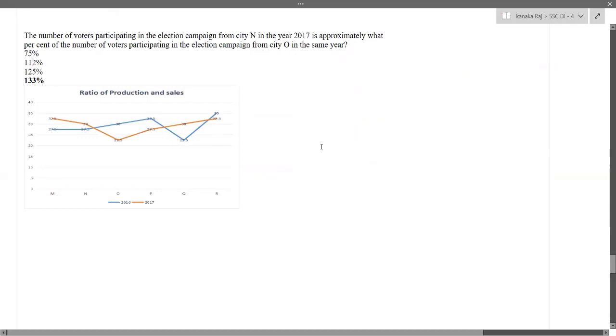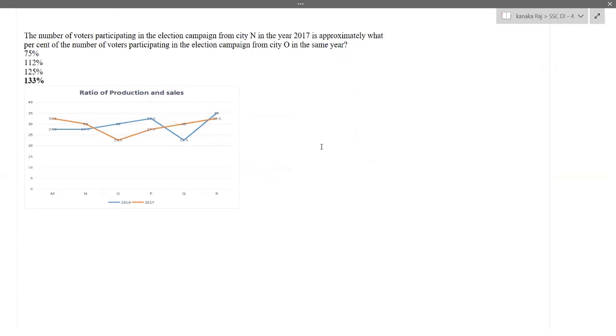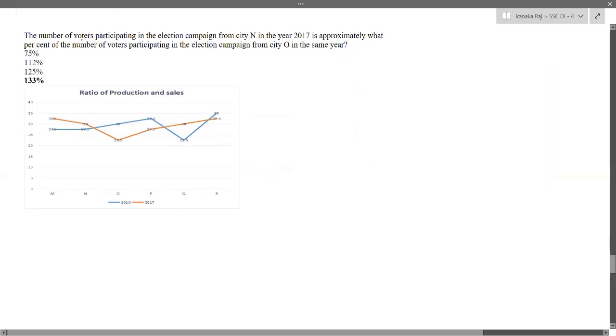So let's move on to the next question here. What are they asking? The number of voters participating in the election campaign from city N in the year 2017, which is 30 lakh people, is approximately what percentage of the number of voters participating in election campaign from city O in the same year?